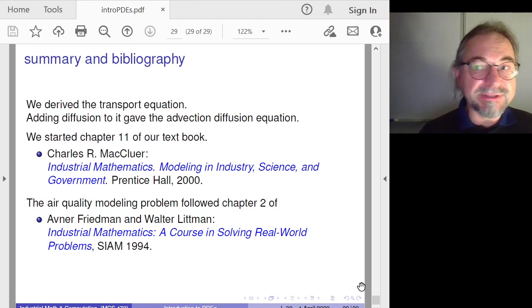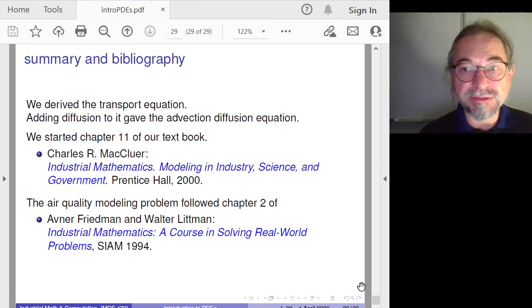The purpose of this lecture is actually that you can find your way in the literature. Here we have our textbook, which solves many problems for many types of partial differential equations. We will see in later lectures still many examples. The air quality modeling problem comes from another course on industrial mathematics.